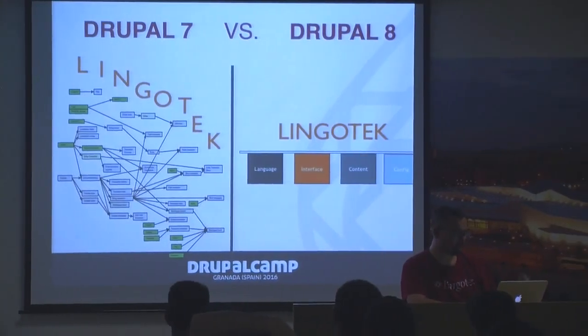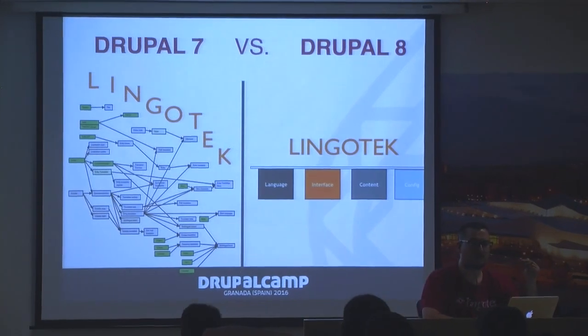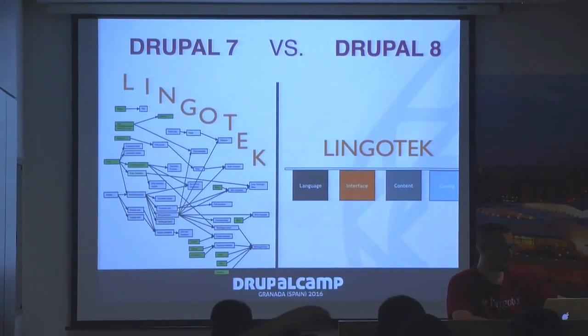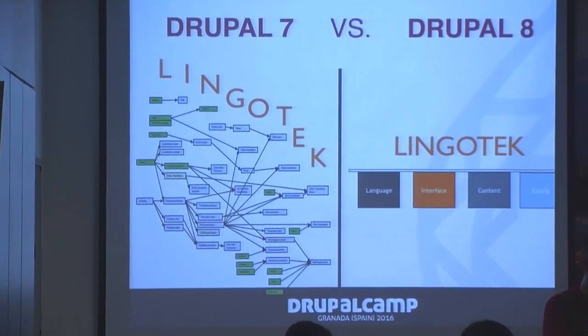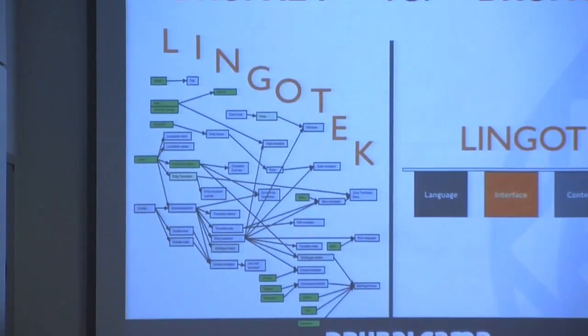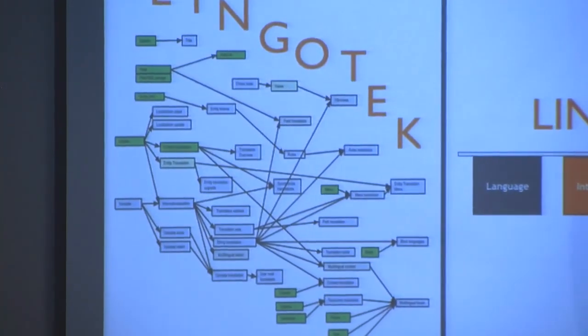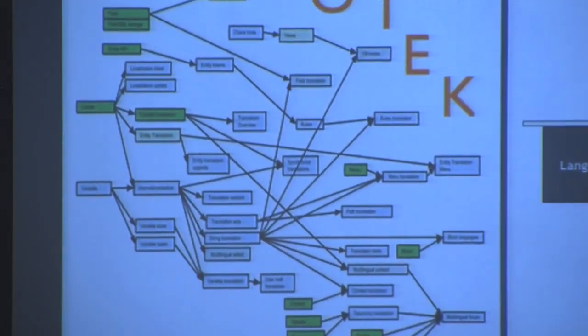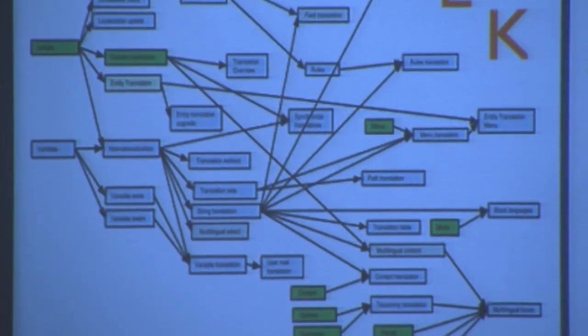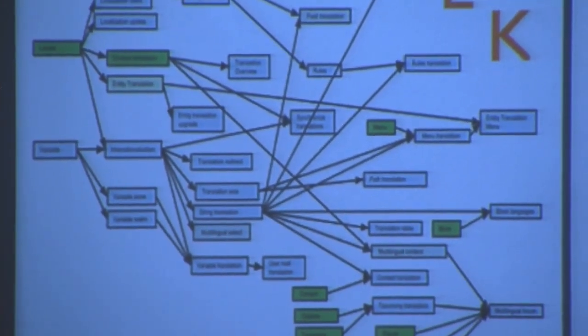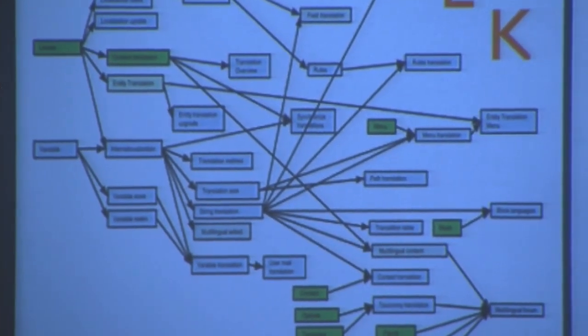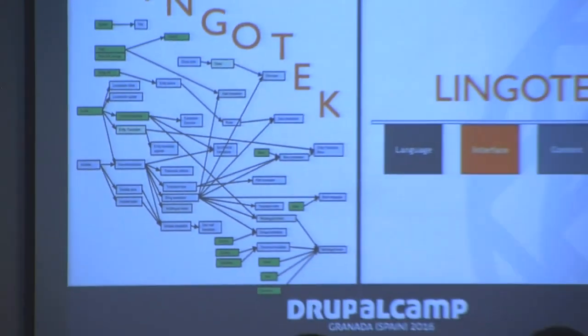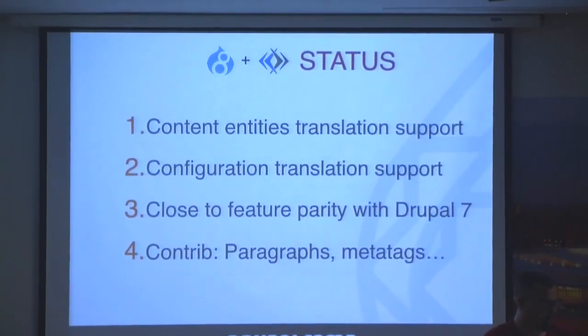Next thing, I'm going to be really quick. When we had so many options for translating your data in Drupal 7, now in Drupal 8 we have standardized APIs. So it's really easy to integrate external modules, and when you create your own entities or your own fields, it will work out of the box most of the time.